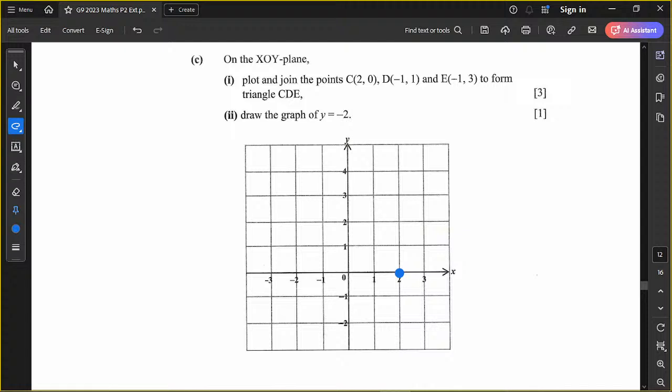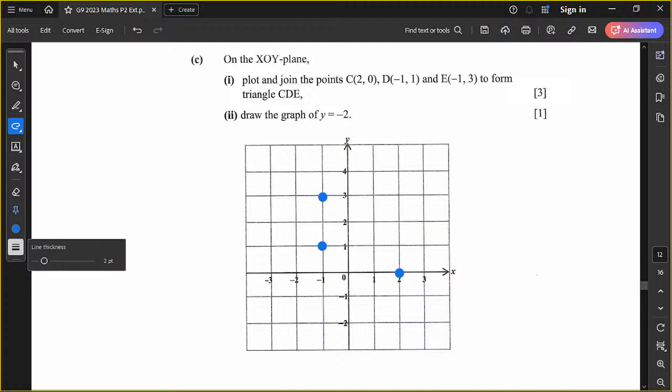So -1 is the x, so it's going to be here. Then E, that is (-1, 3). So -1, 3 is there, even if it's not all that direct. Okay, now let me reduce the size of the line.